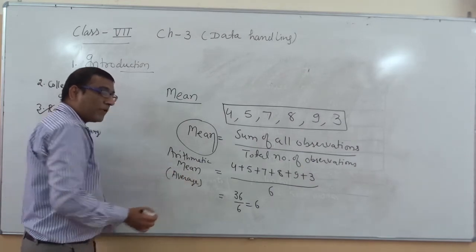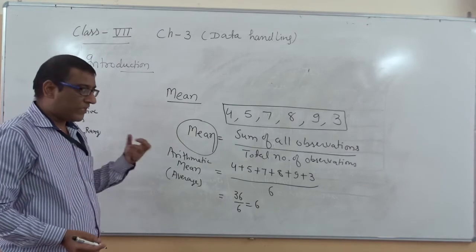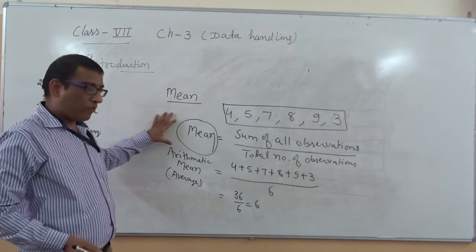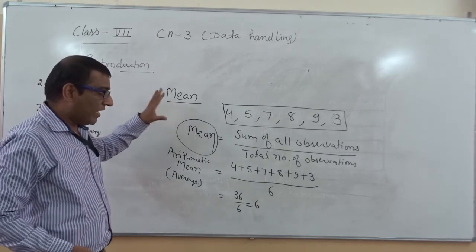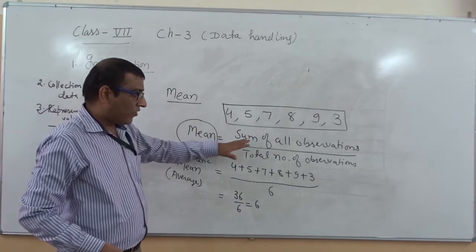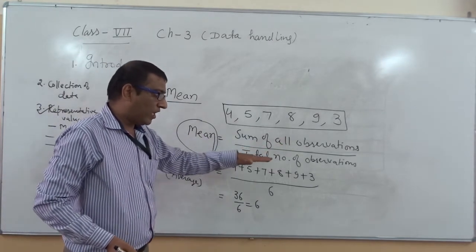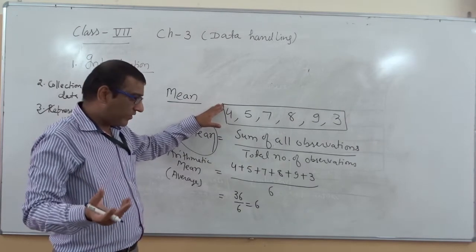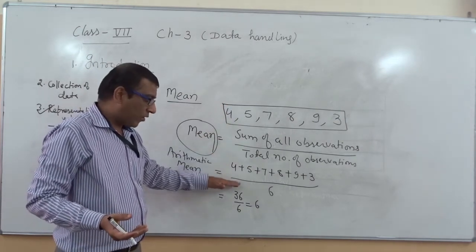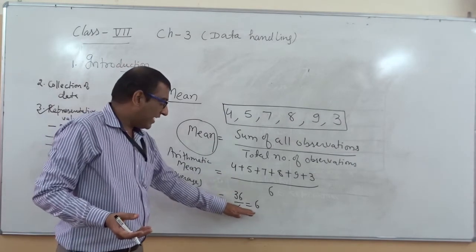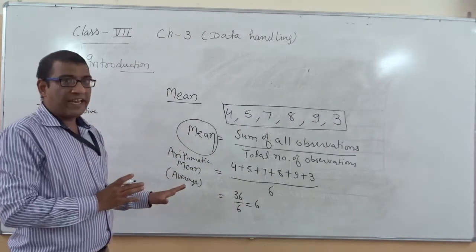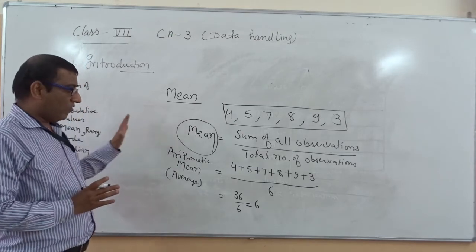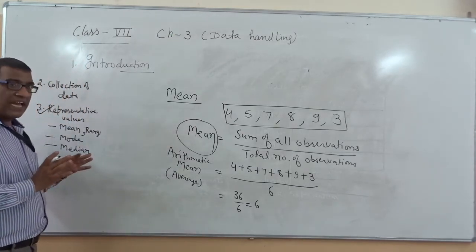So if we want to calculate the average marks of a student, this is the way of solving. First we write mean equals sum of all observations upon total number of observations, then we add all the given data and divide by the total number of observations. We will easily get the mean as you see in this example. And mean is also known as arithmetic mean and average.